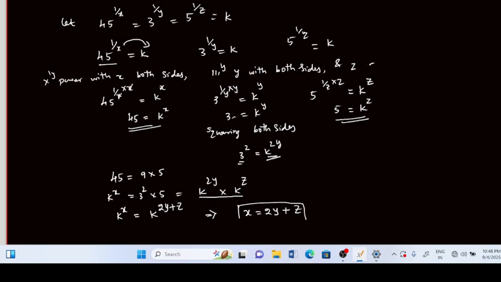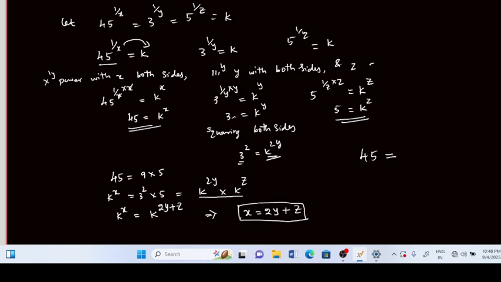So we are equating the power. We are getting the answer. So while writing this, we must remember that the biggest number is 45. We must write the combination of the given question, 3 as well as 5.